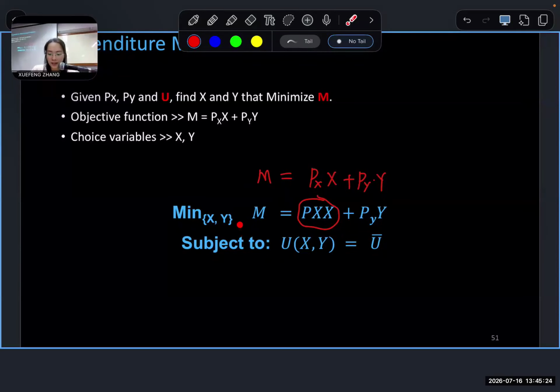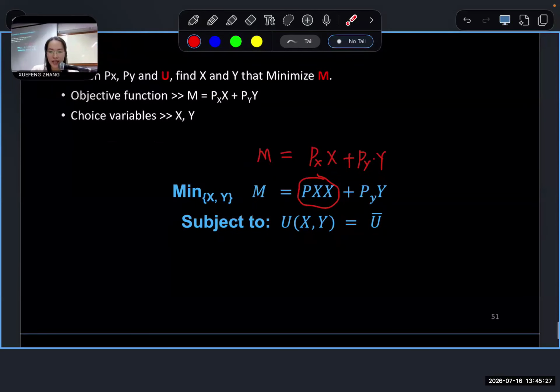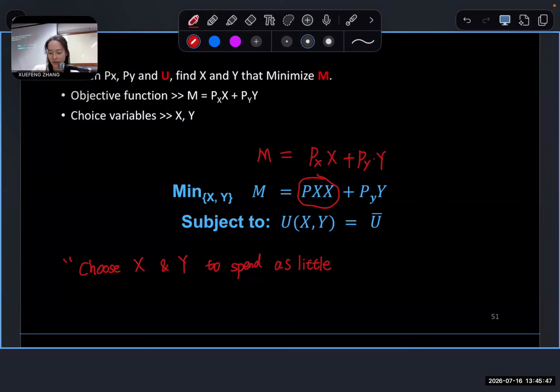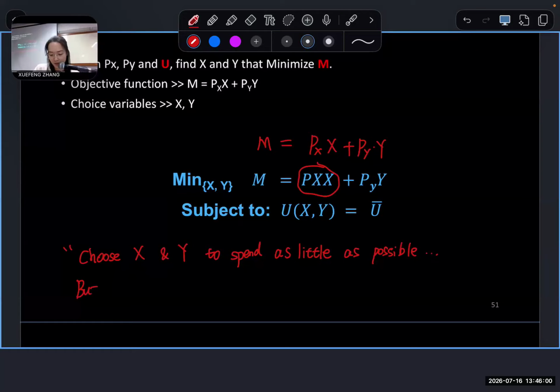So you read the math as: choose X and Y to spend as little as possible, but must reach exactly U bar happiness.